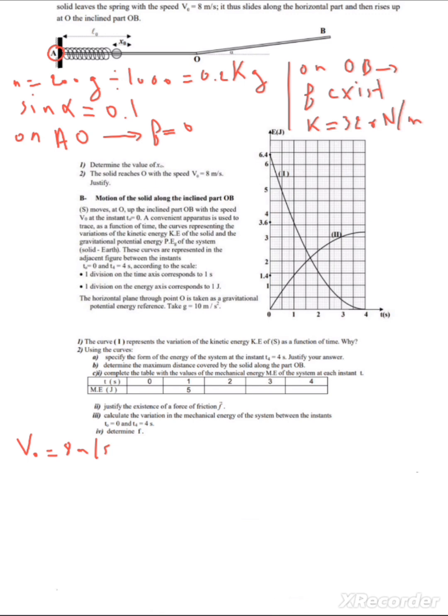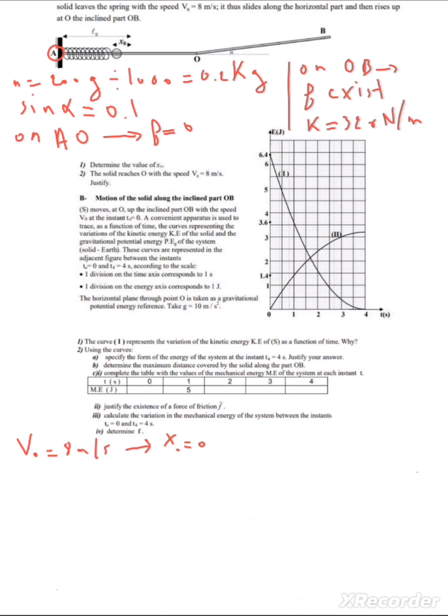When the length of the spring is L0, in this case, x equals 0. Why?